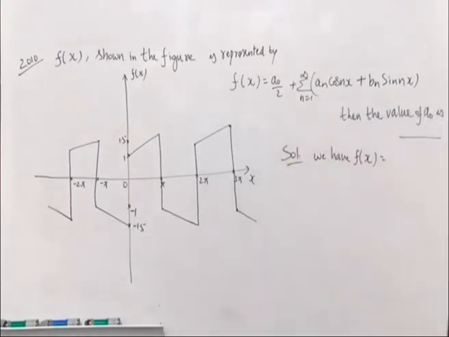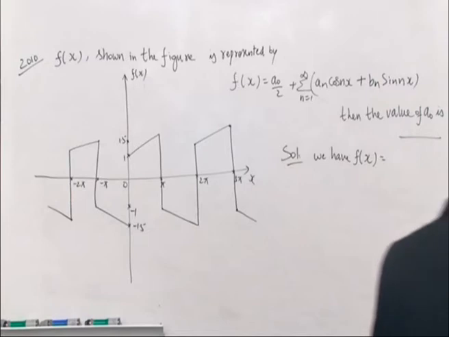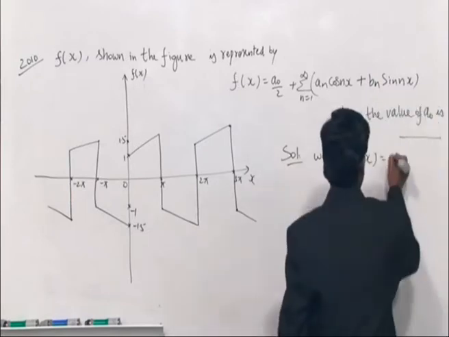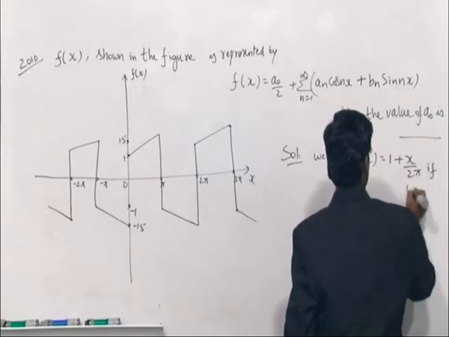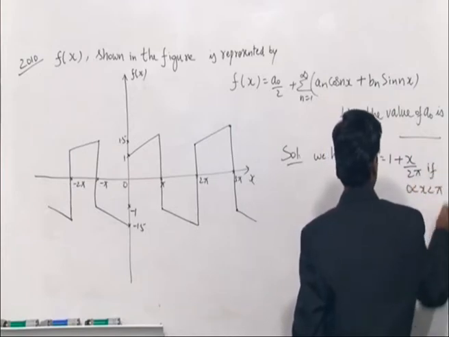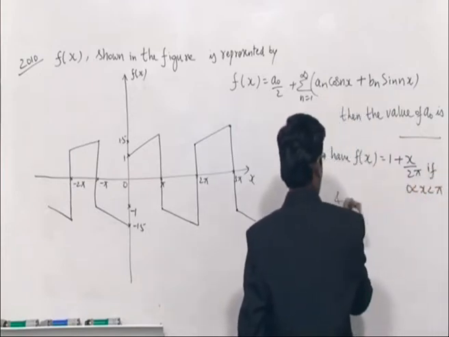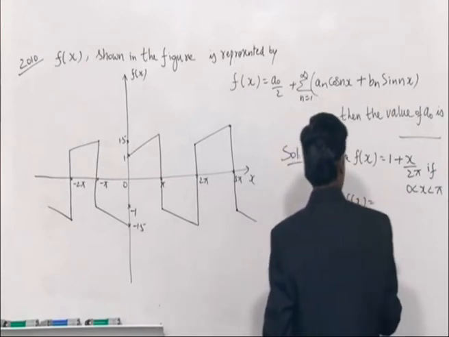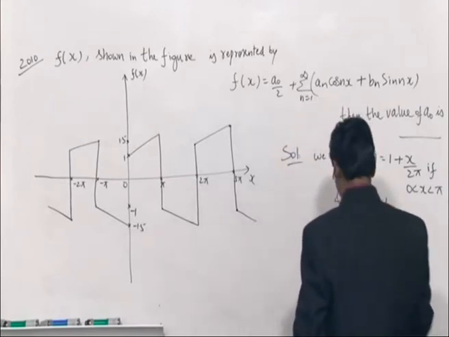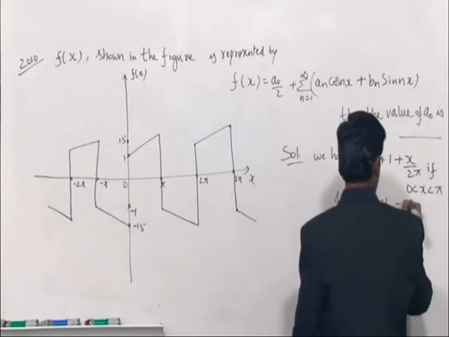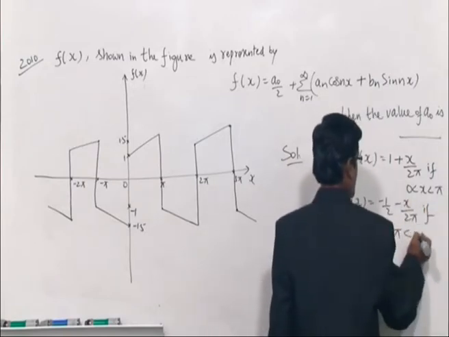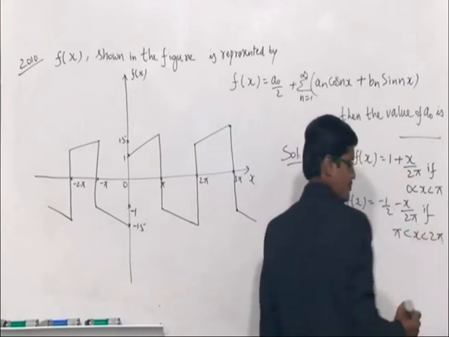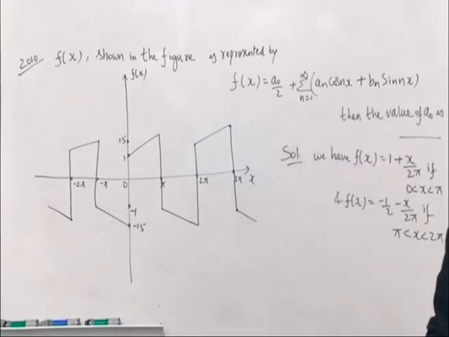Okay, so if you find that, you will be getting f of x is equal to 1 plus x over 2 pi if 0 less than x less than pi, and f of x is equal to minus 1 over 2 minus x by 2 pi if pi less than x less than 2 pi. So this is the graph we can consider.